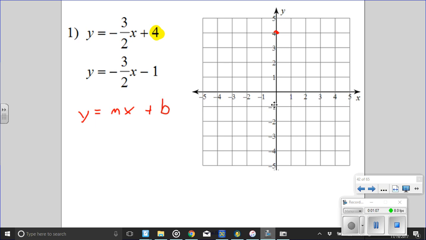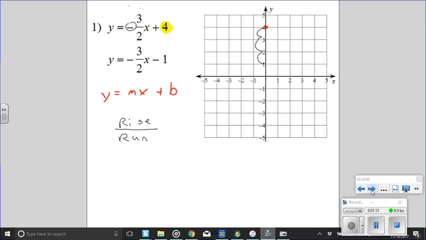Once I get there, what I want to do next is use my slope and use rise over run. I'll take the negative 3 over 2, which is my slope. Because it's negative, I'm going to apply that negative to the 3. You could apply it to either one, but I'm going to apply it to the 3.